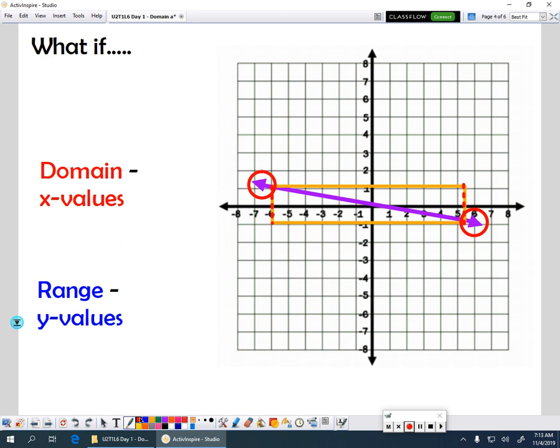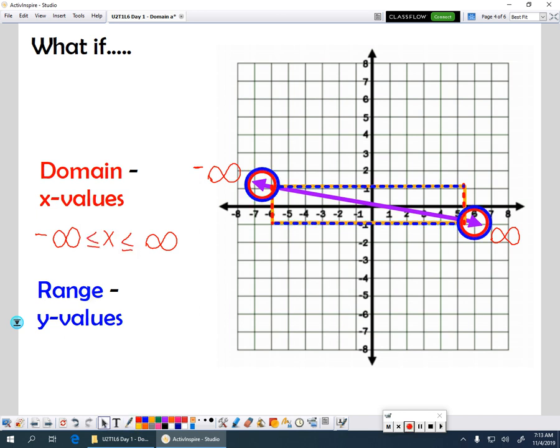So again, this left side, if we follow our line, it's going to continue on and on and on forever to infinity, but we're on the negative side of our numbers. So this is actually going to continue to -infinity. And on the right side, we're going to continue to +infinity. So it's weird, but the way we would write our domain is we're going to go from -infinity to +infinity and all of the x values in between.